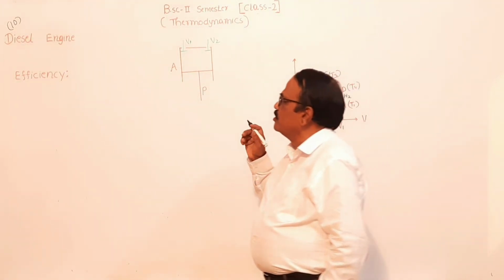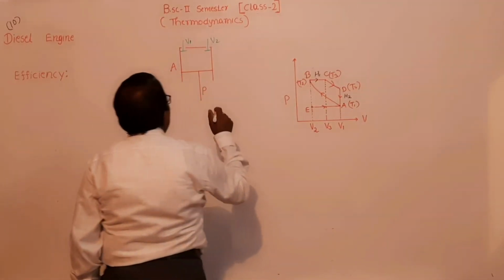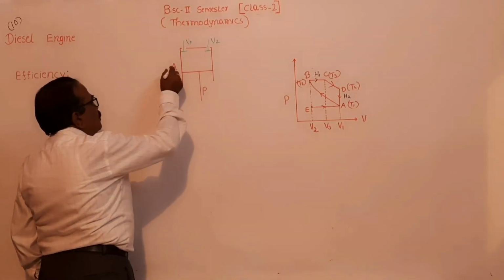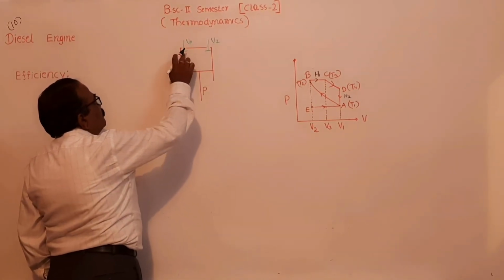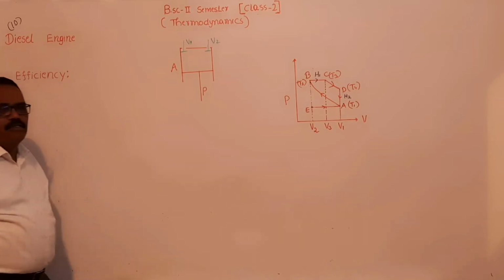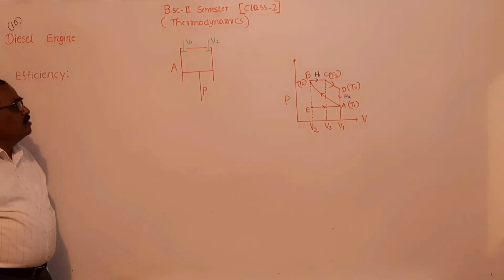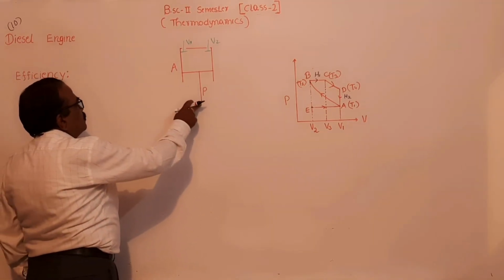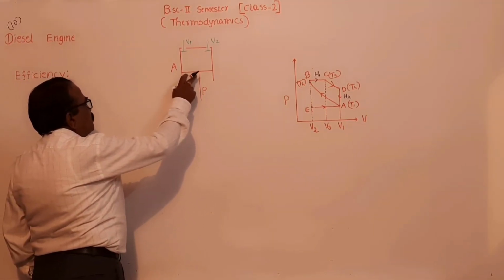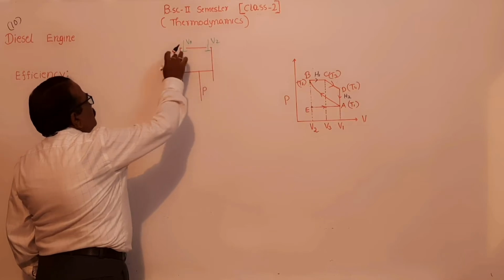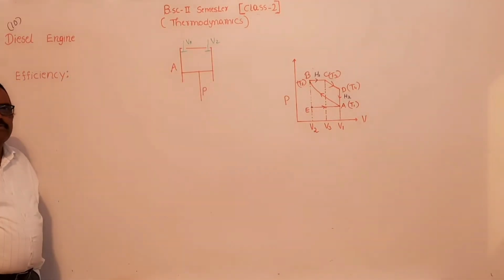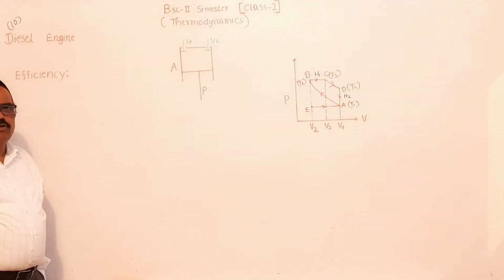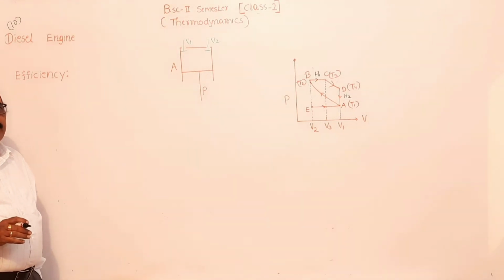This diesel engine also consists of a cylinder provided with two valves, one inlet and another outlet valve, and a frictionless piston. The valves are perfectly non-conducting, that means there is no loss of heat energy.